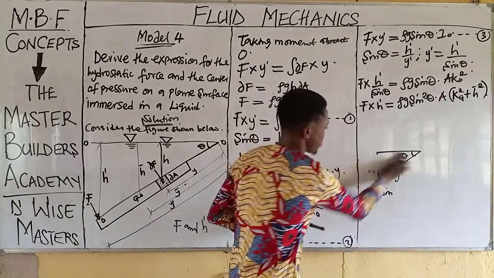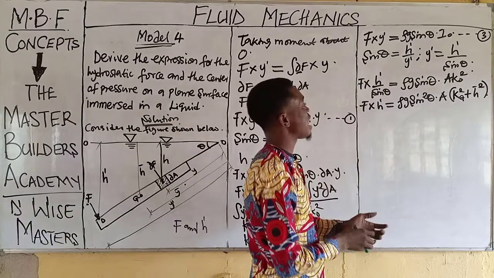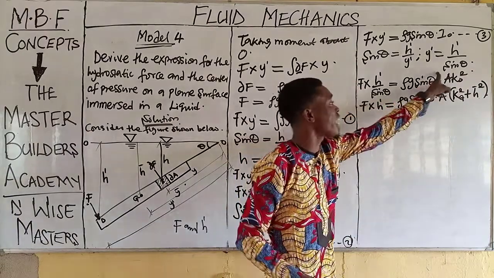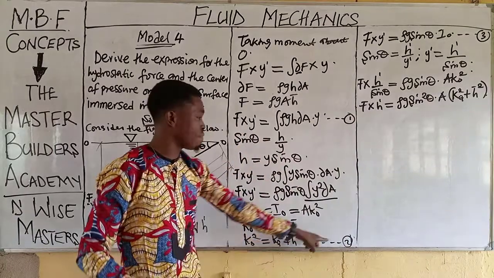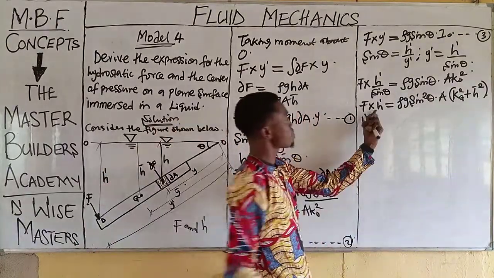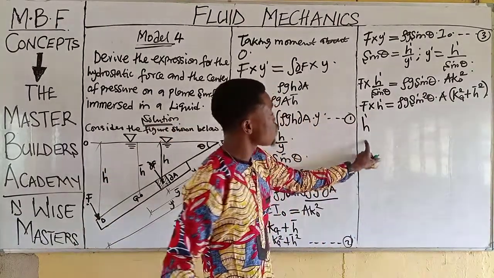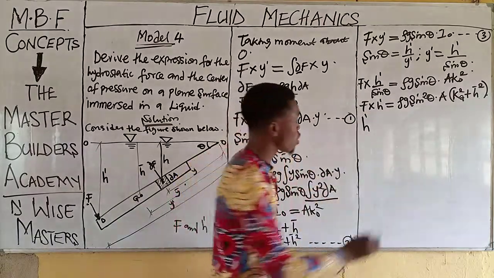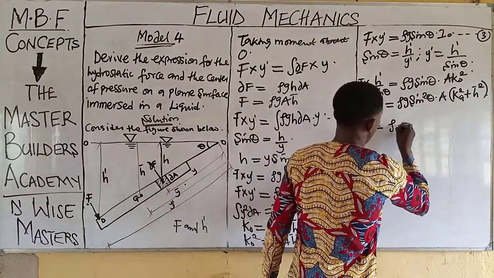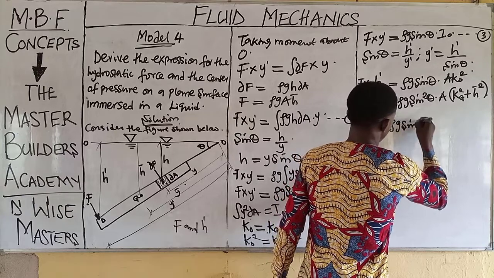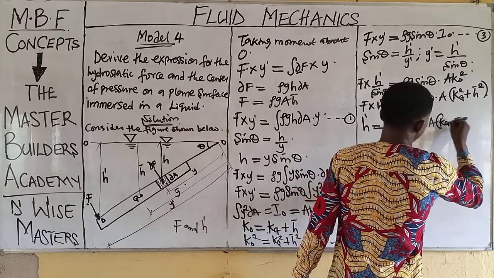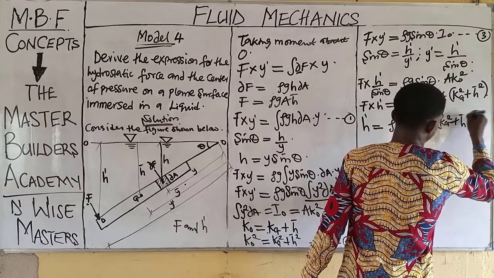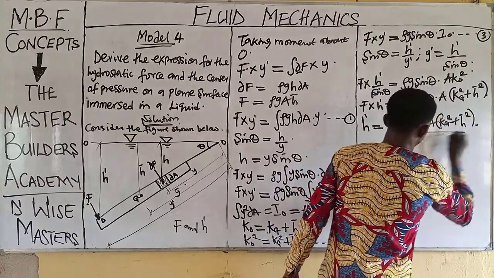All we've done so far is to cross multiply here and replace k naught with what we have in equation 2. Now let's make h prime the subject of formula. If we do so, we have rho g sine squared theta A into kg squared plus h bar squared all over f.